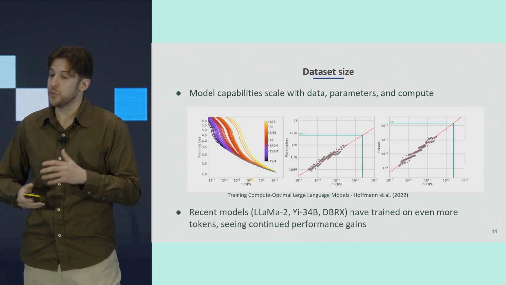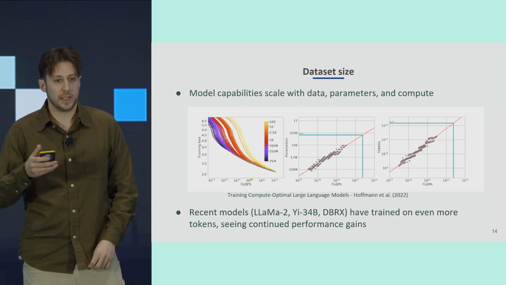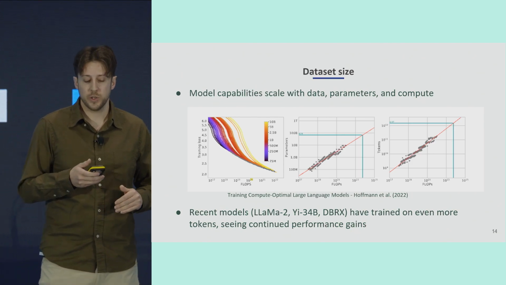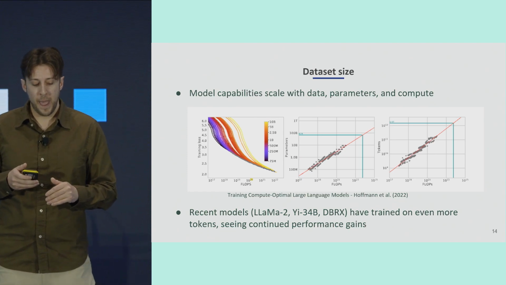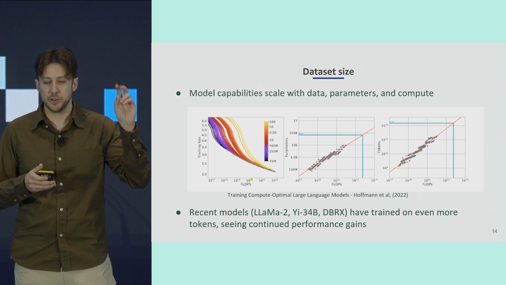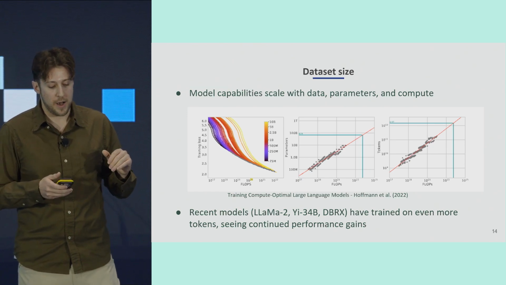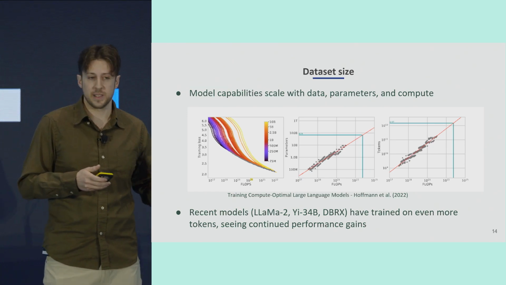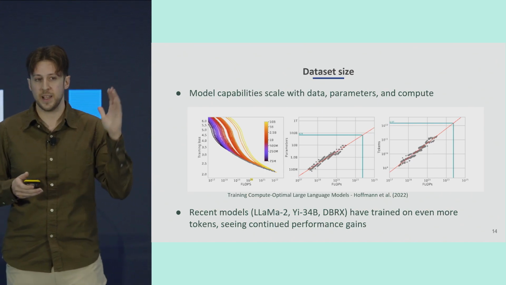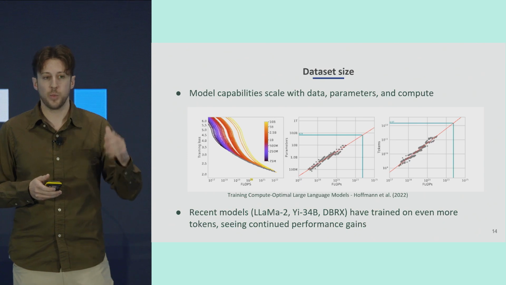In practice, recent models like Llama 2, Yi 34B, and even the Databricks model, which was trained on 12 trillion tokens and released yesterday, are trained on way more tokens than what is considered Chinchilla optimal. And they continue to see performance gains. The returns are diminishing, but it's just common practice now to train on more and more data.